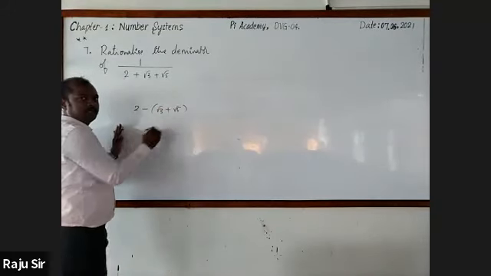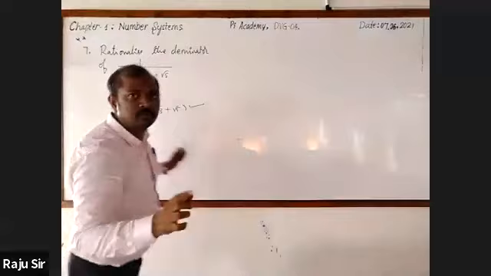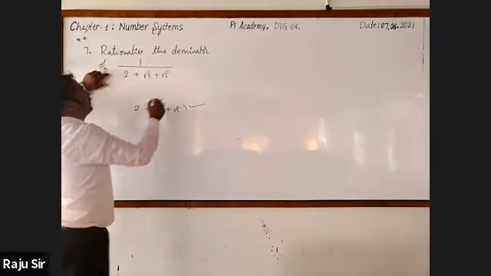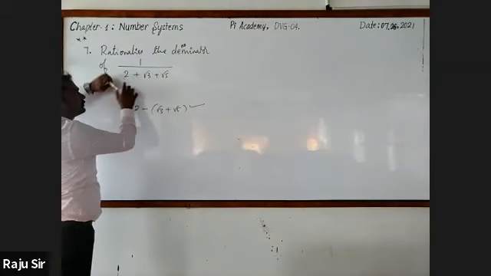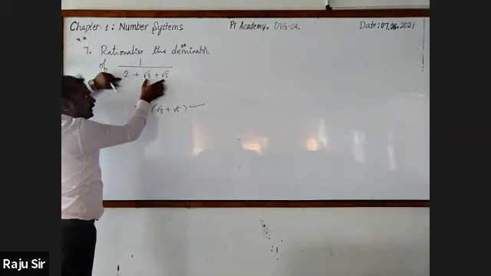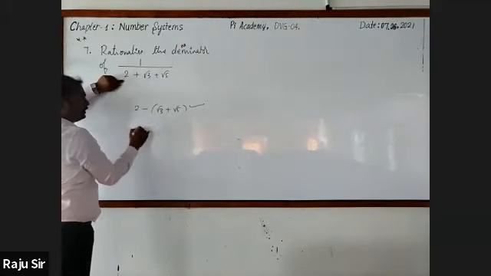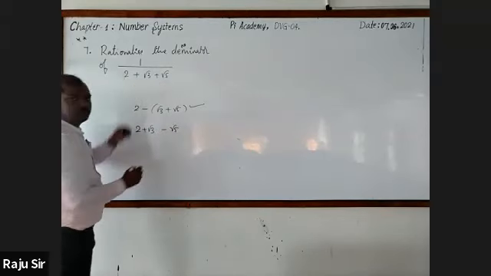This is one way. Here I have grouped by taking last two. You may group by taking first two also: 2 plus root 3, then minus root 5. Anyone can be followed?